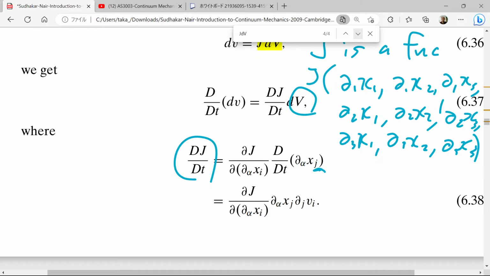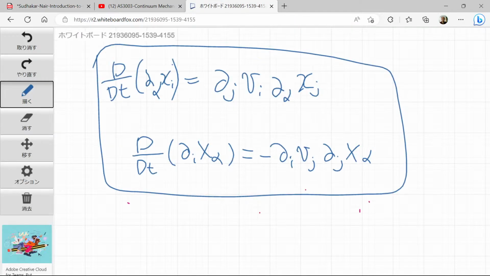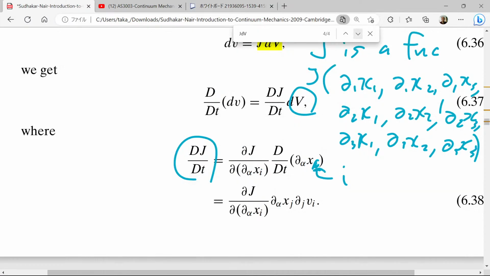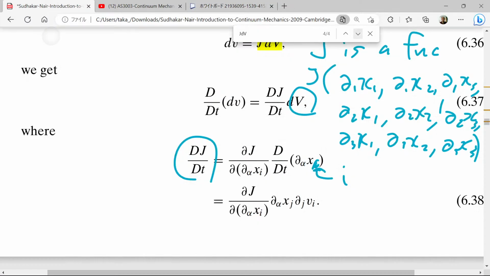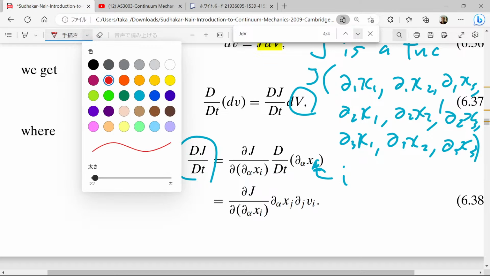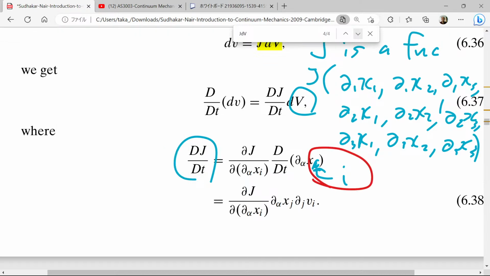I would do i here. Why is this j? I think I would do i, because the alpha summation, i is also a summation. Partial x_i, partial alpha_j. So this is the same, so this has to be i. So you get this.